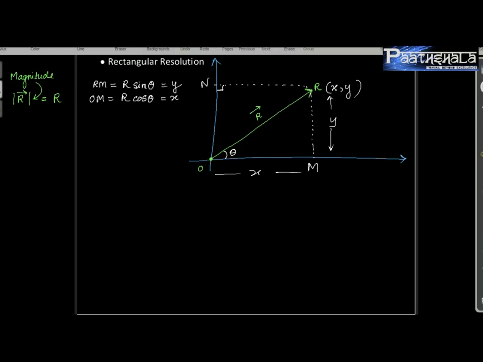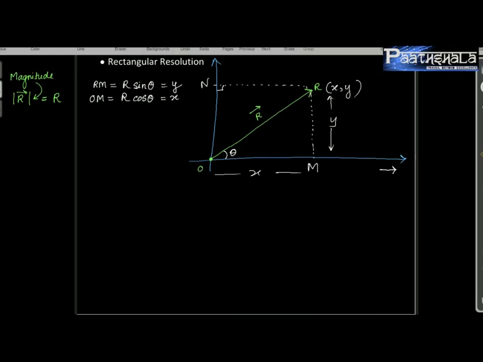Here I must also tell you in short about what a unit vector is. A unit vector is simply like any other vector except its magnitude is 1 unit.